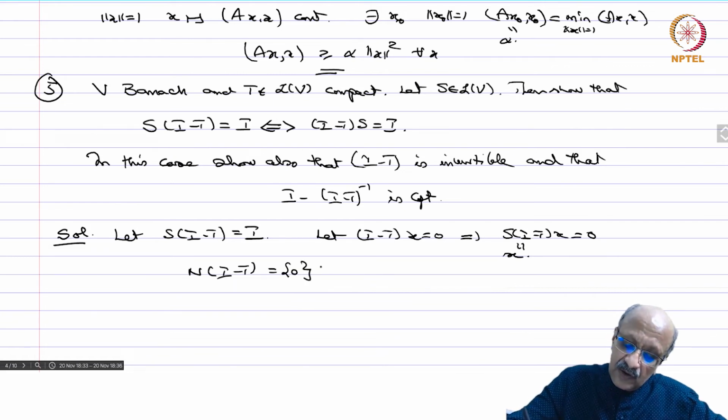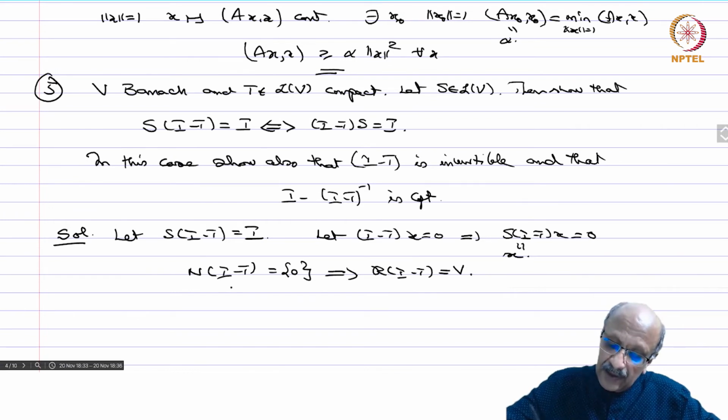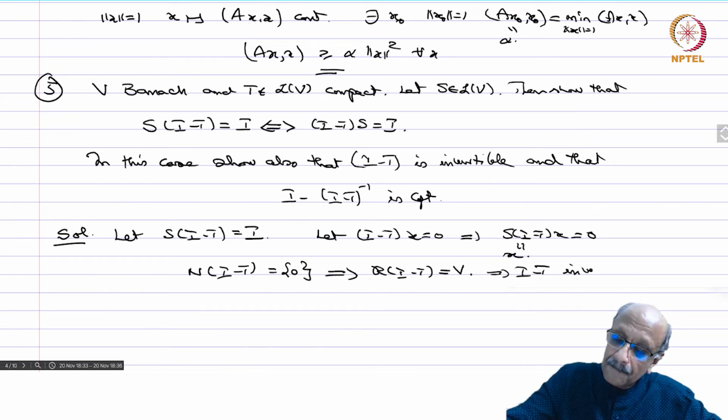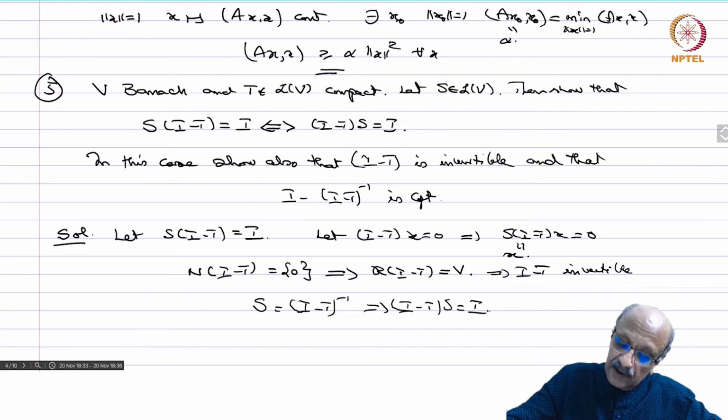But then T is compact, and therefore the range of I minus T has to be the whole space V. So I minus T is one-one, continuous and onto, and therefore I minus T is invertible, and you have S equals (I minus T) inverse, and this implies that (I minus T)S equals identity.